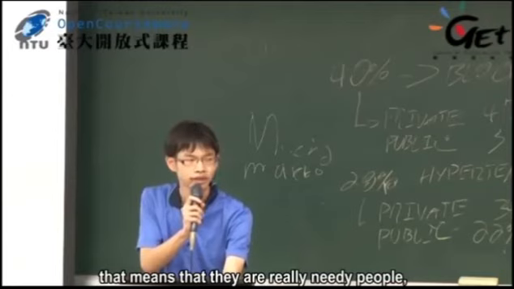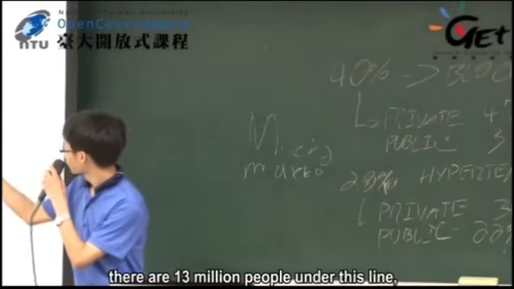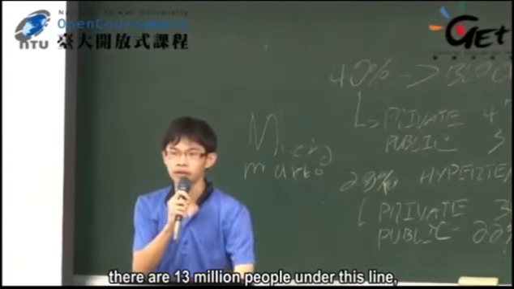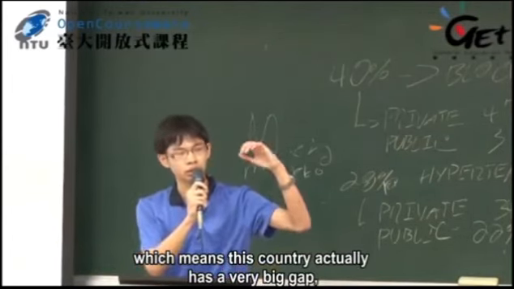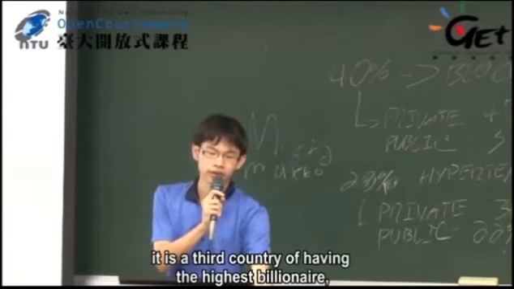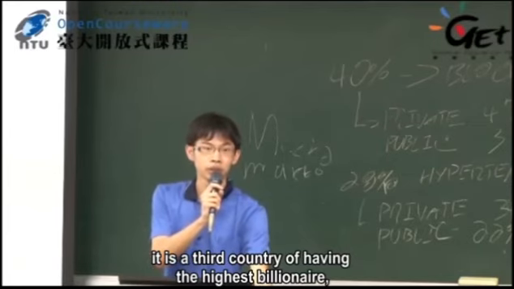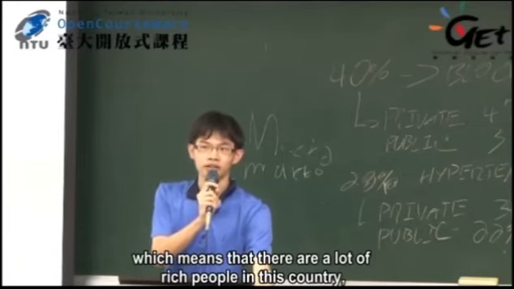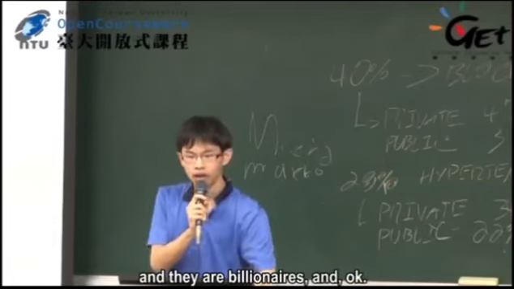That means there are really needy people. There are 13 million people under this line, which means this country has a very big gap between the rich and the poor. It has the third highest number of billionaires, which means there are a lot of rich people in this country.